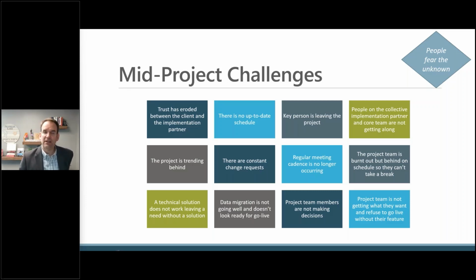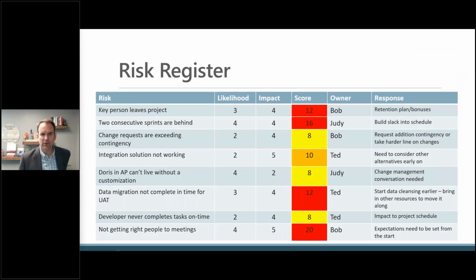And one way to manage this well is to use a risk register. This is a project management tool that you should be using throughout the project. So you identify the risk, you identify the likelihood on a scale of 1 to 5. How likely is that risk to actually happen? And then you identify the impact on a scale of 1 to 5. What is the impact if that does end up happening?